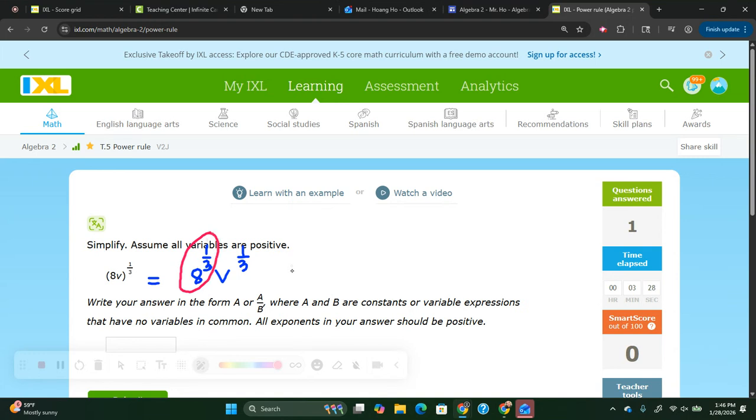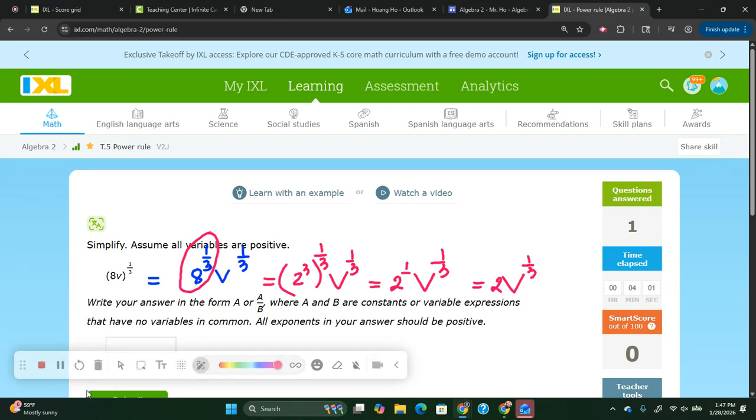You can use calculator, but you don't have to. 8 is 2 power 3. Now power 1/3, so you multiply these two power together, 3 times 1/3 equals 1, so 2 power 1, which is number 2. And then v power 1/3 is still there. You cannot simplify further. So the final answer is 2 times v power 1/3.